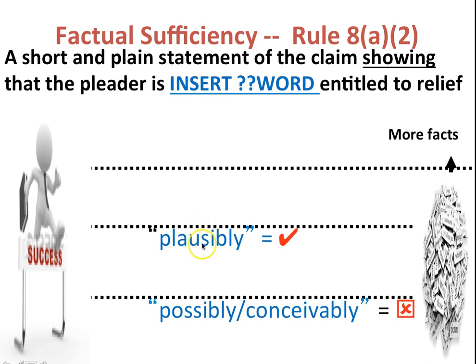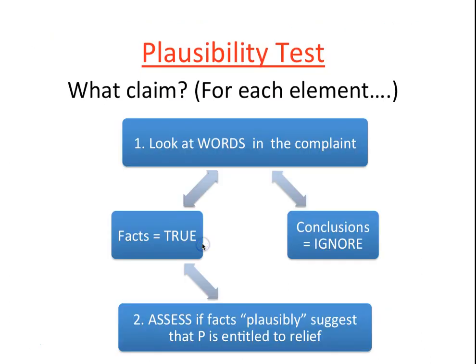But now the court is saying, does the statement of the claim show the pleader is plausibly entitled to relief? A higher standard. Again, as you read the cases, look out for statements about what plausibly means.